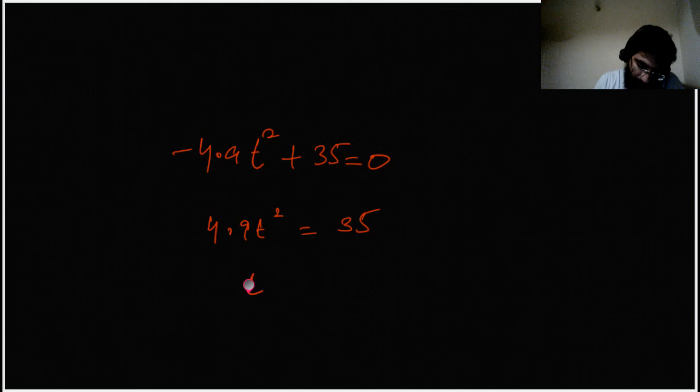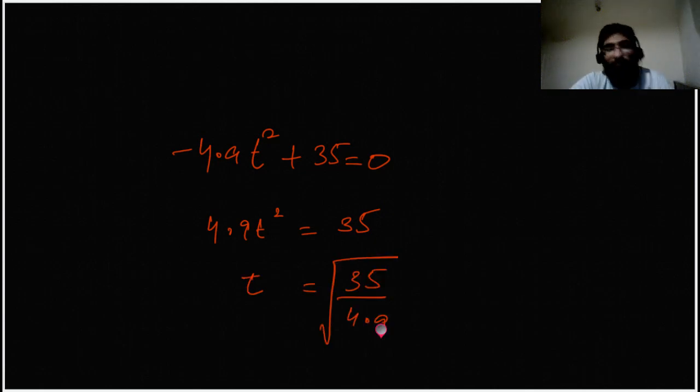T is equal to the square root of 35 by 4.9. Why was it 0? Because it will hit the ground when the height of the arrow is 0.